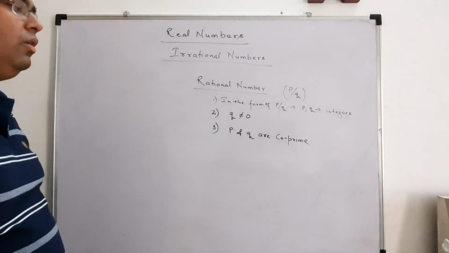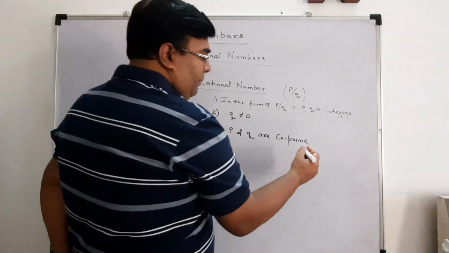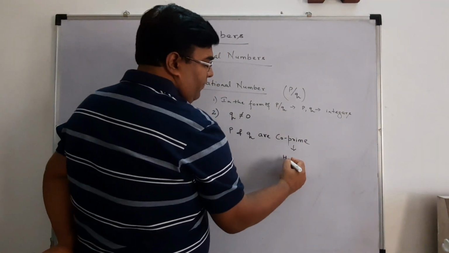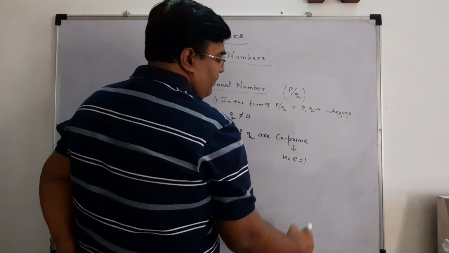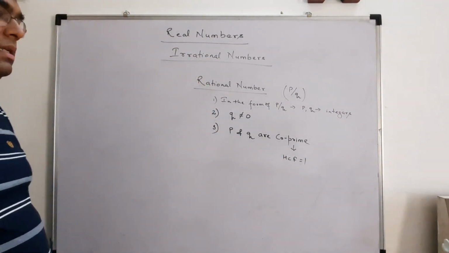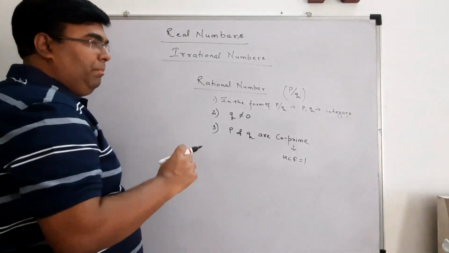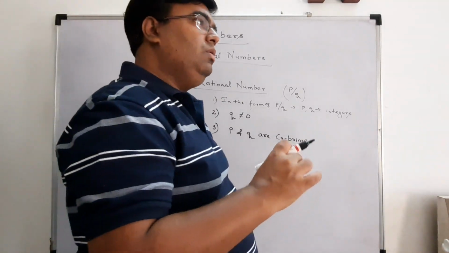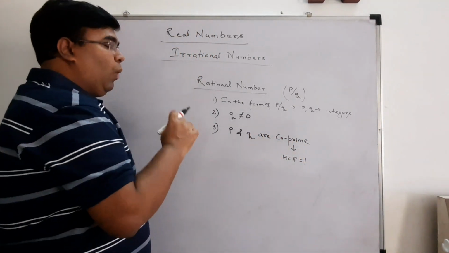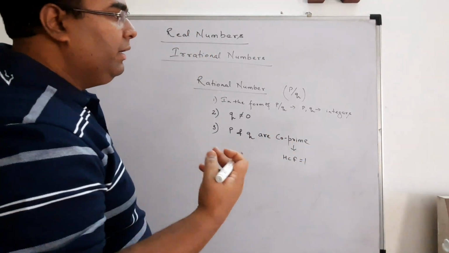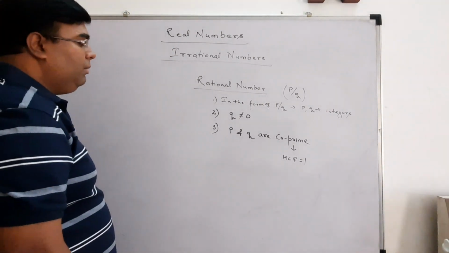What is the meaning of co-prime? Co-prime means HCF is equal to 1. It means we will take p and q such that only 1 can divide p and q. I'll give you an example.